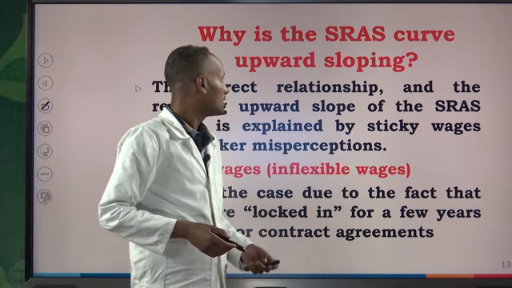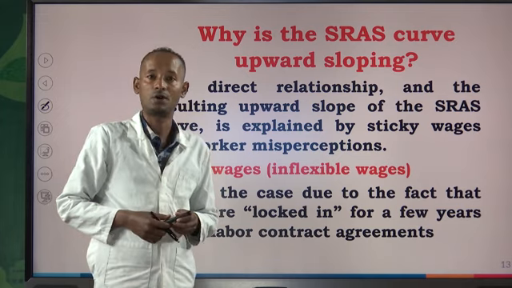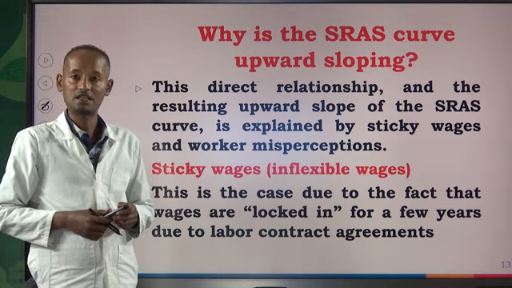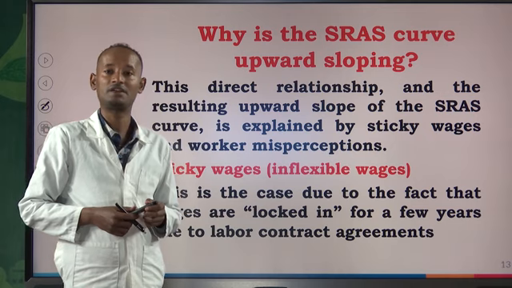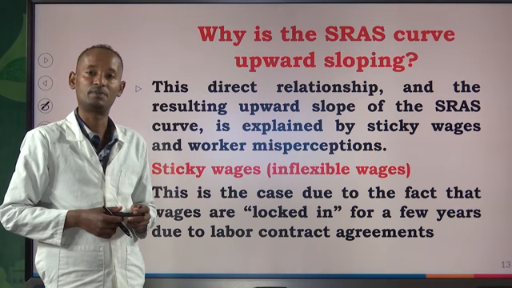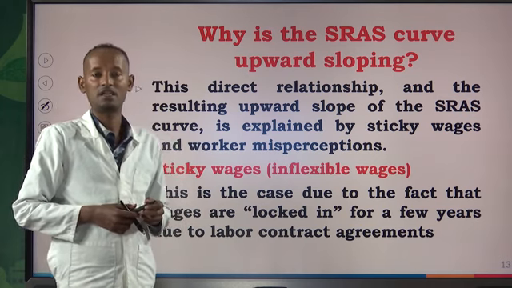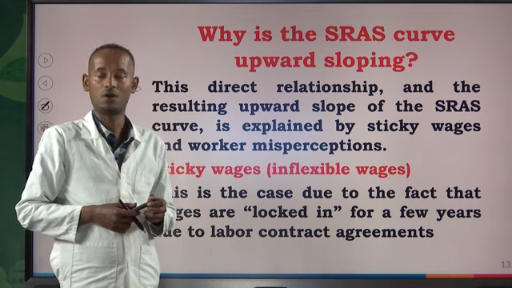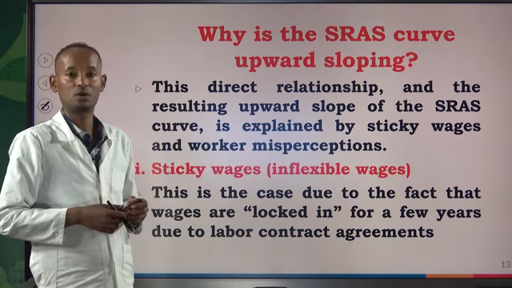Why is the short run aggregate supply curve upward sloping, or positively sloped? The direct relationship and the resulting upward slope of the short run aggregate supply curve is explained by sticky wages and workers' misperceptions. When we say sticky wages, wages are not flexible or are simply locked in for a few years due to labor contract agreements.